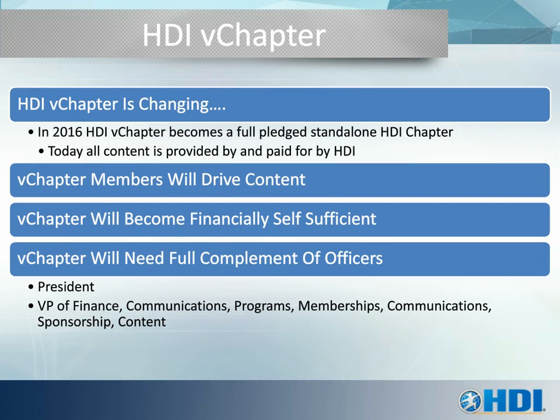Today we do have some of these officers in place, but we're looking to you, our members, to become officers and to become involved in the chapter. We will need a president. Christy Trice is moving on this year. She's been our president for the last couple of years. We will need a vice president of finance, communications, programs, memberships, and sponsorship and content.